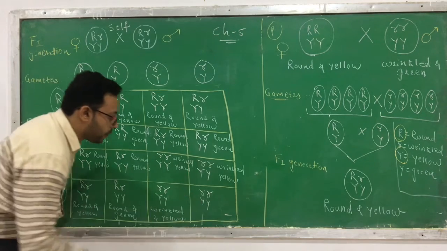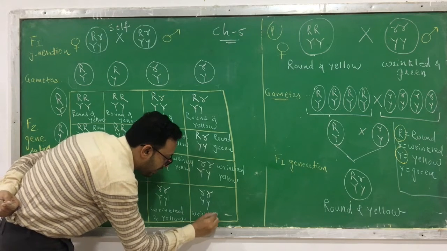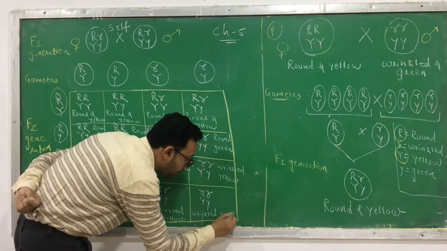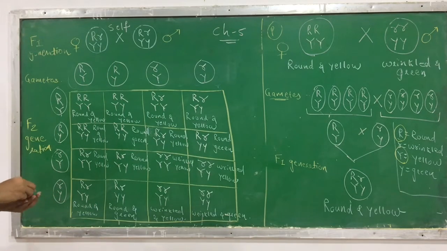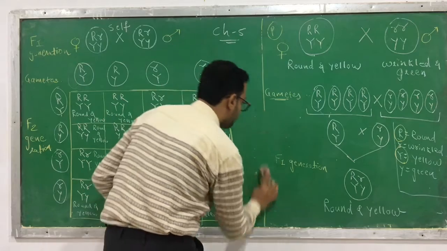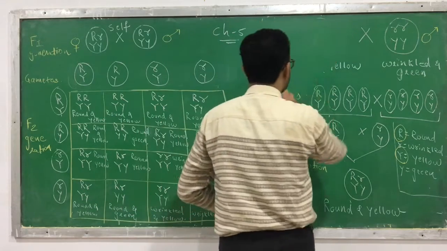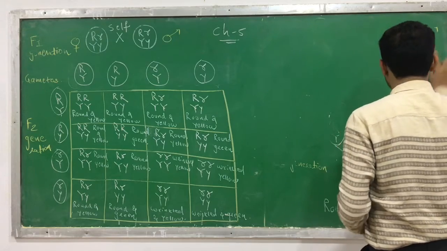And this is wrinkle because capital R is absent, and green. Clear? Okay. So now count down. Count. How many are there? Okay. How many? Just count it down. So I'm writing over here. I'm just writing down this F1 generation, what we have produced.